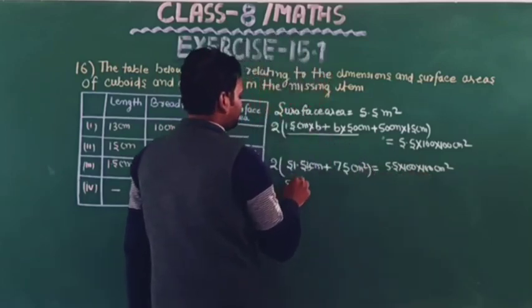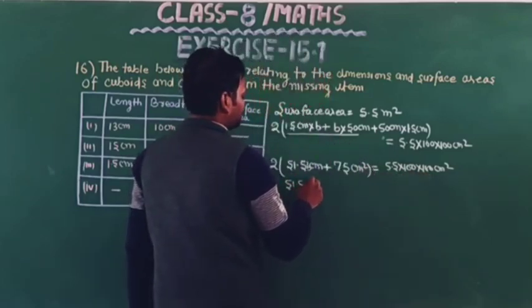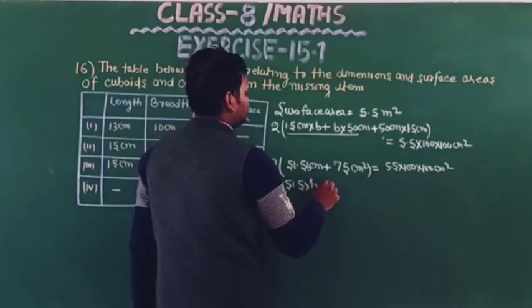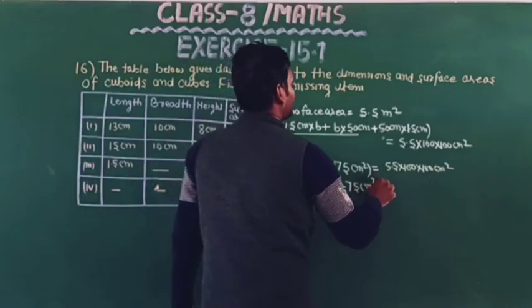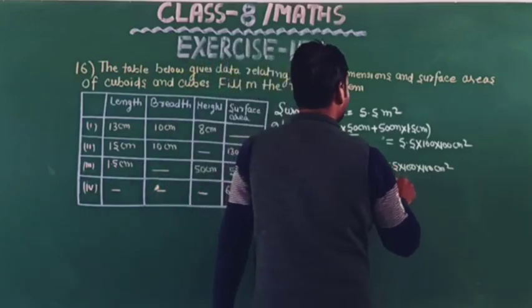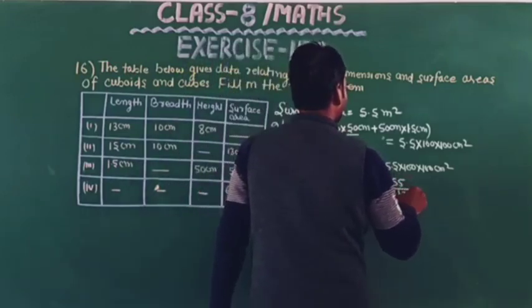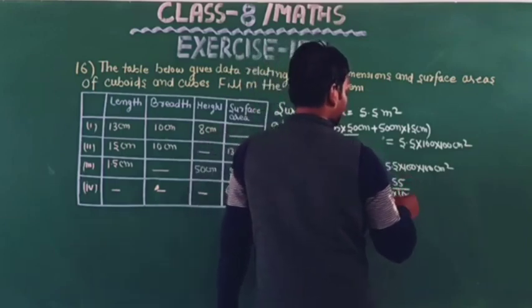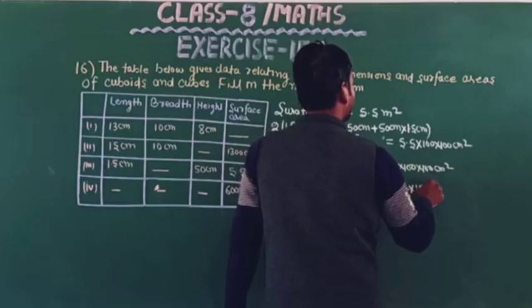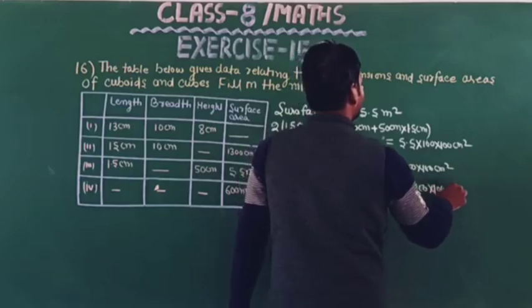So 51.5 into B centimeter plus 75 centimeter square equal to 55 by 10, and 2 is divided here, into 100 into 100 centimeter square.